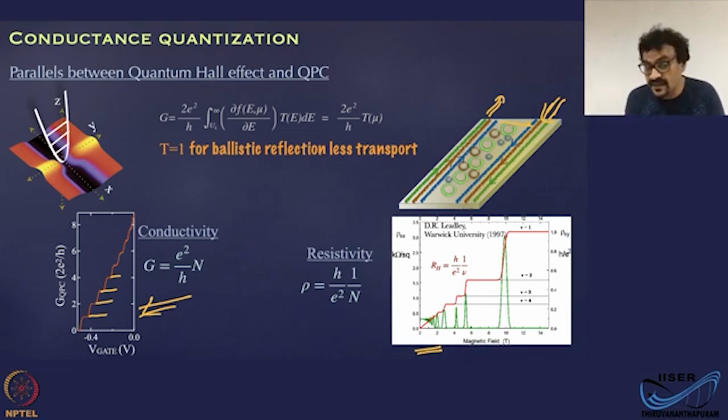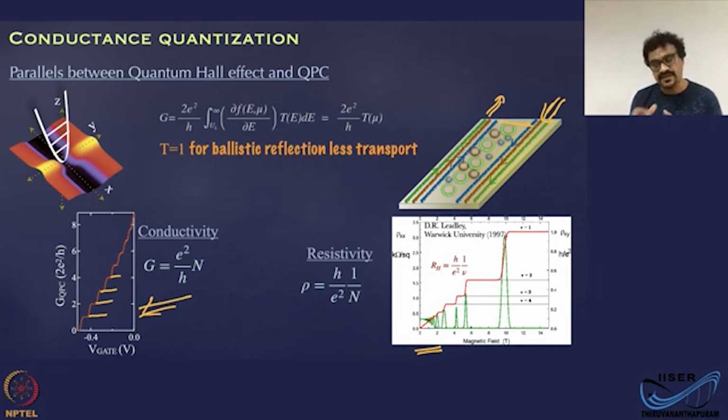That is exactly the reason the quantum Hall effect is used for resistance standardization, not the quantum point contact. Though the quantum point contact is much easier to realize compared to the quantum Hall effect, which also requires really high magnetic field, here the quantization is not as perfect as that of the quantum Hall effect. Okay. And secondly, even though there are scattering centers inside the sample for a quantum Hall system, the magnetic field, the quantizing field, forbids any kind of backscattering.